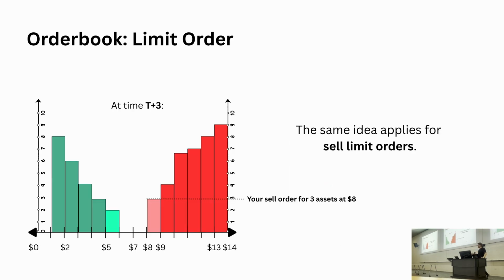The exact same idea applies to limit sell orders. So if you have 3 units of Bitcoin, for example, and you're willing to sell it for $8, you can place a limit order, and it's going to be added to the order book.